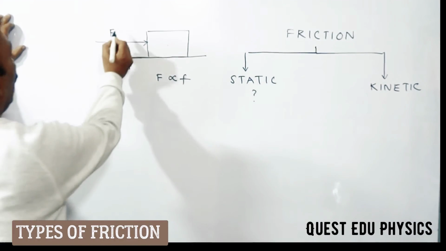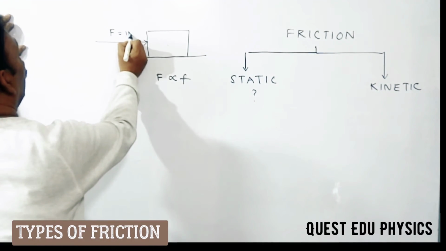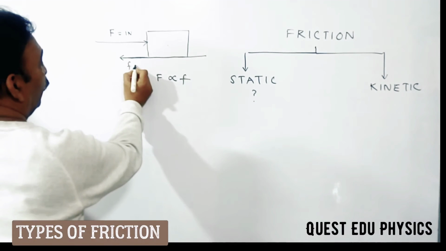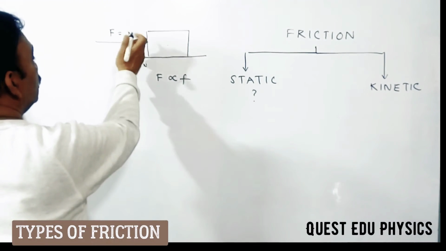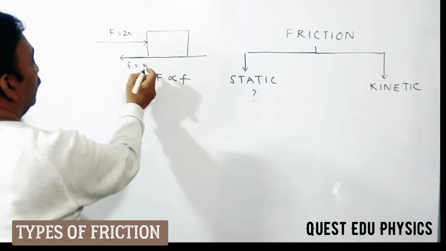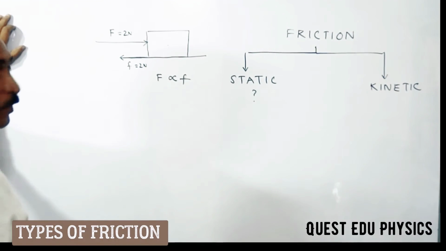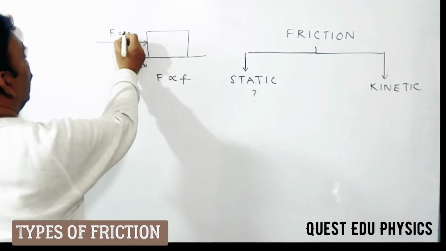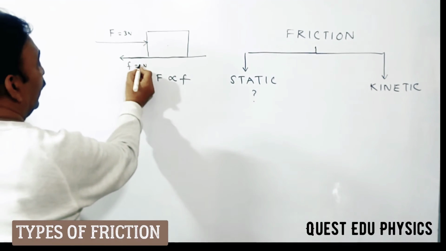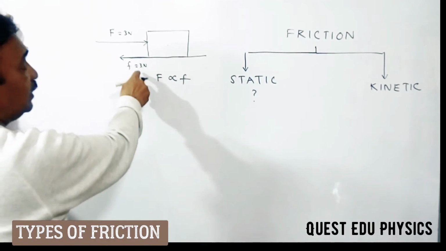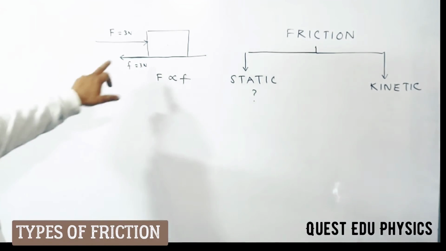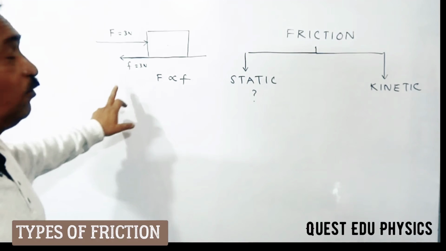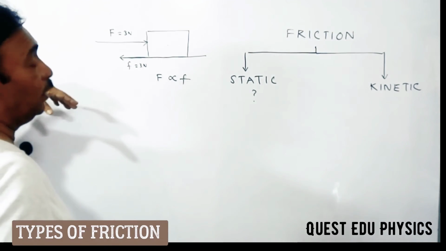Let's say I am applying a force of 1 Newton, then a frictional force of 1 Newton develops. Then I change the force to 2 Newton and it turns out to be 2 Newton. If I increase to 3 Newton, it becomes 3 Newton. In this way, this force adjusts by itself. That's why we said frictional force is the self-adjusting force.